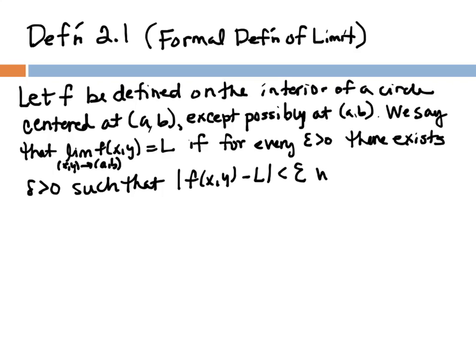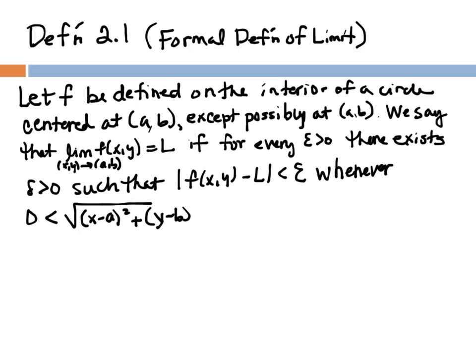This happens whenever 0 is less than the square root of x minus a squared plus y minus b squared, and when that radical is less than delta.